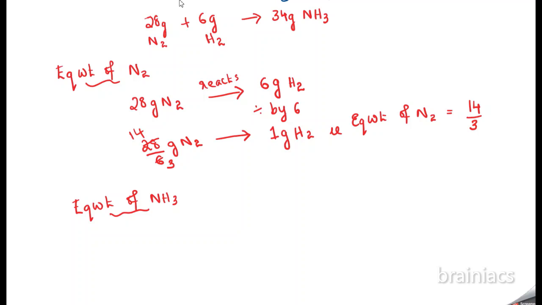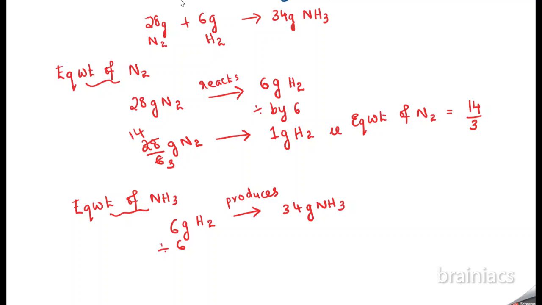Equivalent weight of ammonia. Now, as per the equation, tell me how hydrogen and ammonia are reacting. I can say 6 gram hydrogen produces 34 gram ammonia, correct? But if you want to find the equivalent weight of ammonia, I need to know with 1 gram of hydrogen how much ammonia is reacting. So how to convert this to 1 gram? Divide by 6 on both sides, correct?